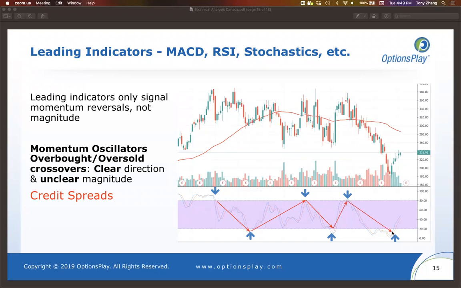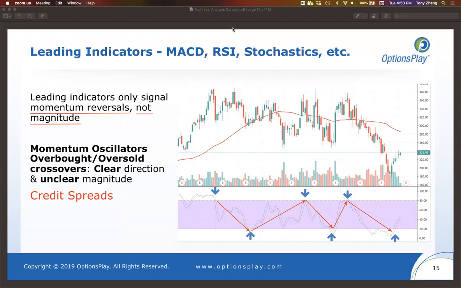Now, the one thing to remember is that what they're doing is they're normalizing the price, and they're simply showing you the momentum aspect of that price. So the leading indicators that you use for trading only provide a signal for momentum reversals, but it's really important to understand that they do not provide you with any sense for magnitude.